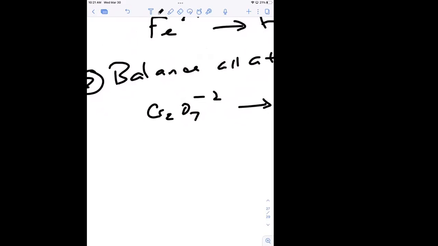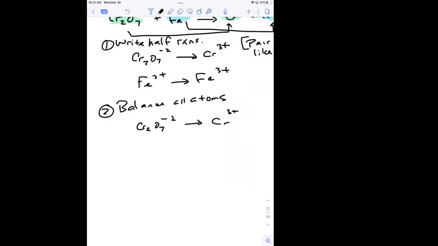I'm sorry, I couldn't hear you. What'd you say? I said, how would you balance chromium? We're not balancing oxygen yet. That's another step. How many chromiums are on the left in the reactant side? 2. How many on the right? 1. So what would you do?